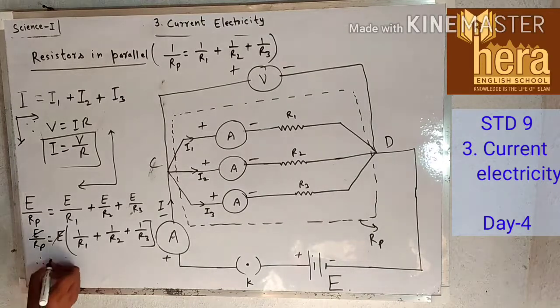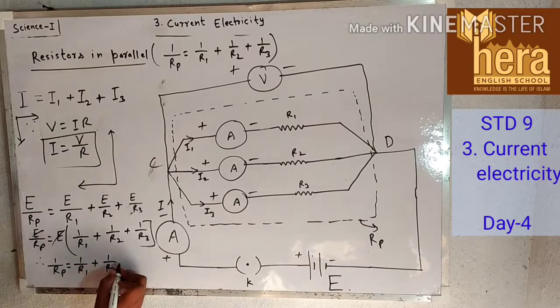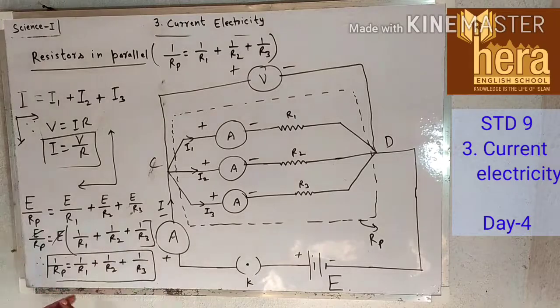Therefore, 1 upon Rp is equal to 1 upon R1 plus 1 upon R2 plus 1 upon R3. This is for 3 resistors. Remember, this is 1 upon Rp. Don't make any mistake.